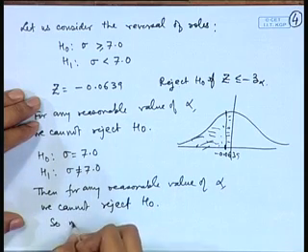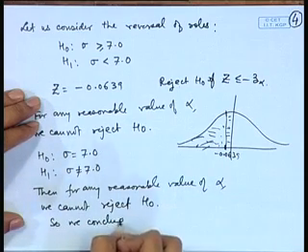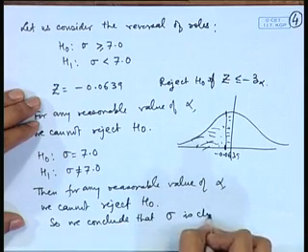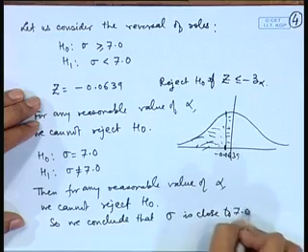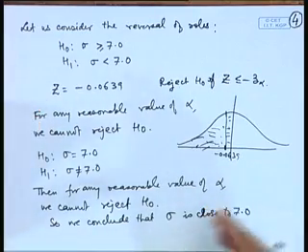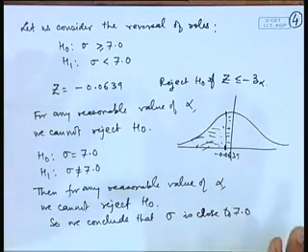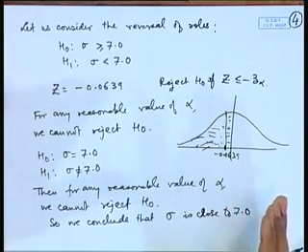So, we conclude that sigma is close to 7. That means the hypothesis of sigma equal to 7 cannot be rejected, and sigma is not significantly different from 7.